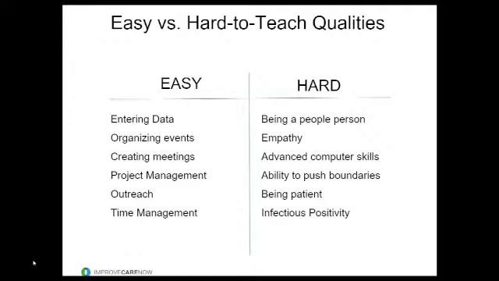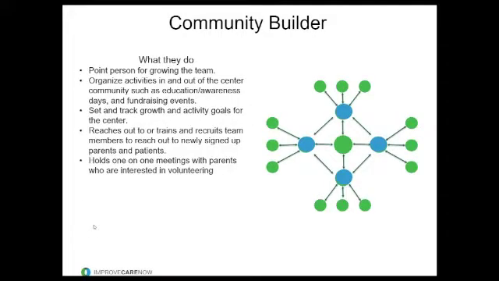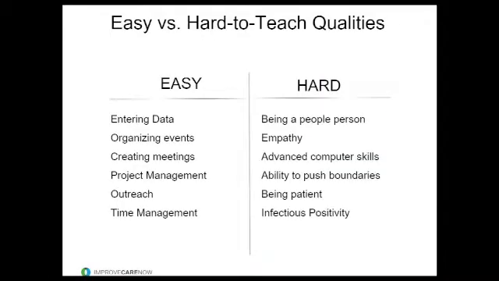So the community builder, for example, should probably be a people person, right? This is most likely going to be somebody who's extroverted and is comfortable walking up and talking to lots of different types of people. That's a skill that's hard to teach, right? And so that is something you'd absolutely want to look for in that person when you were thinking about who may fill that role.